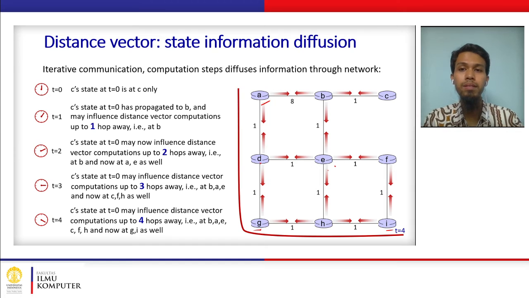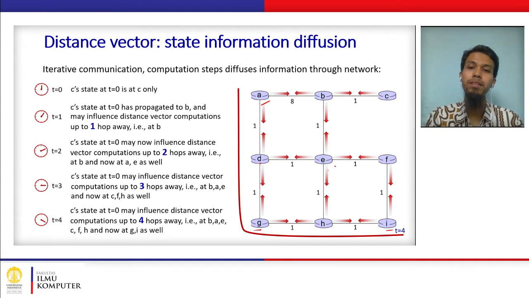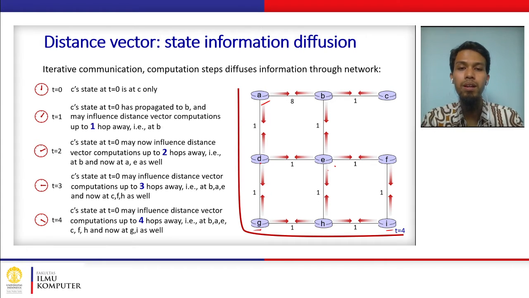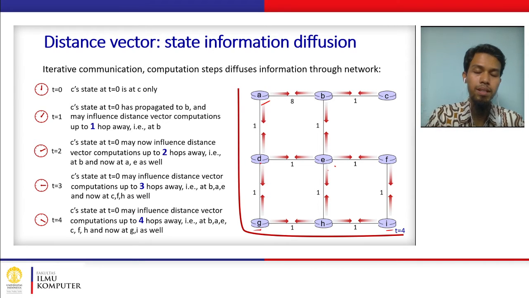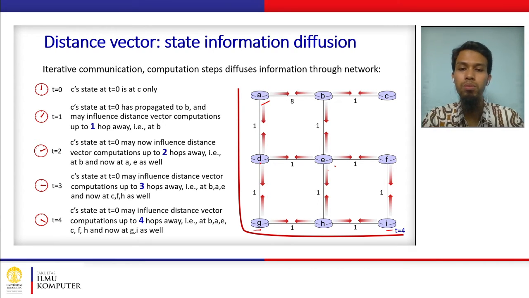From this example, we can see that it takes 4 iterations for the information to go through the whole network. So when t equals 1, it takes another 4 iterations for all the information from C at t equals 1 to propagate to all the nodes in the network.